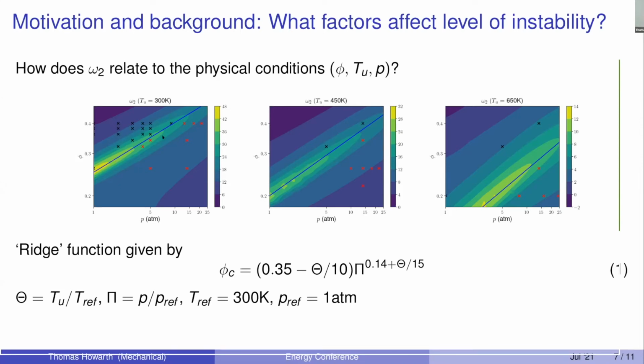Despite the slightly misleading idea we had earlier, that if we increase temperature we monotonically decrease instability, increase pressure we monotonically increase instability, and decrease equivalence ratio we monotonically increase instability, that's not quite the case when we reach these more extreme conditions. So we found a function for this ridge in this space where we expect the most instability to occur.